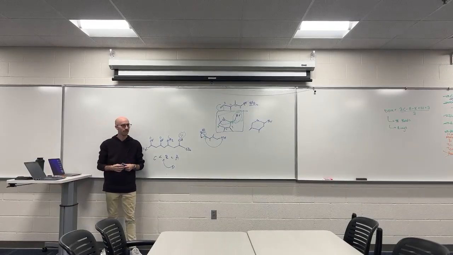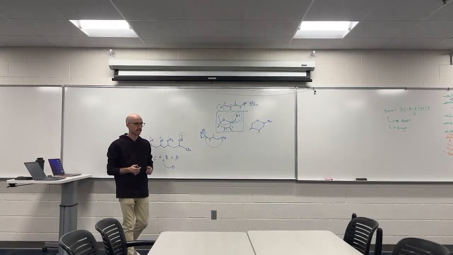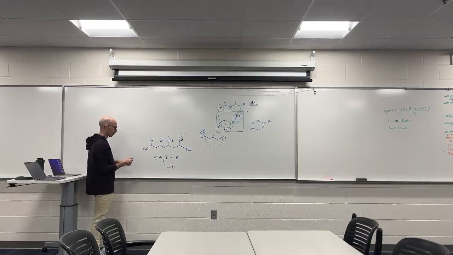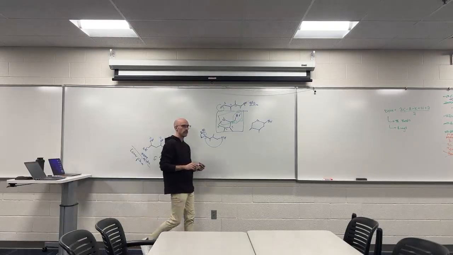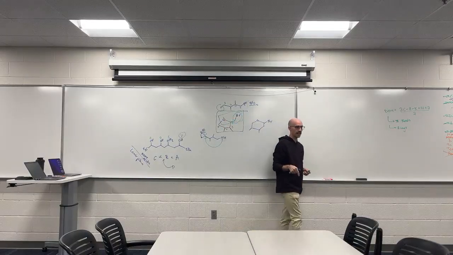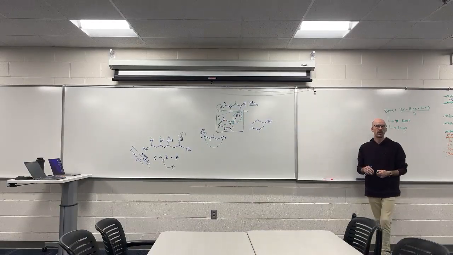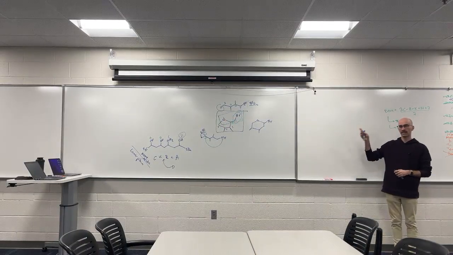I was going to ask, more acidic is a lower pKa. Correct. More acidic, lower pKa. And that comes from Gen Chem 2, right? pKa is the negative log of the acid dissociation constant, the negative log of Ka.